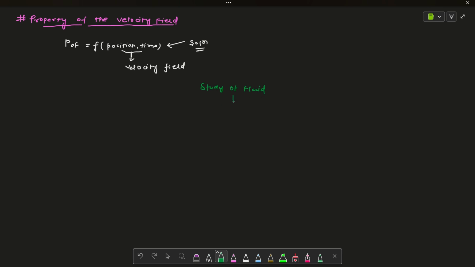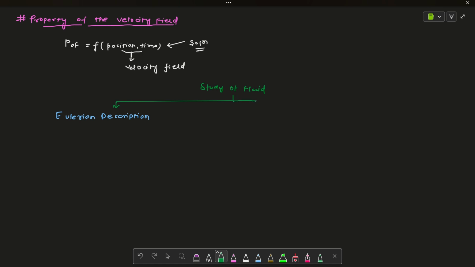We can study the fluid in two ways. The first is the Eulerian description.